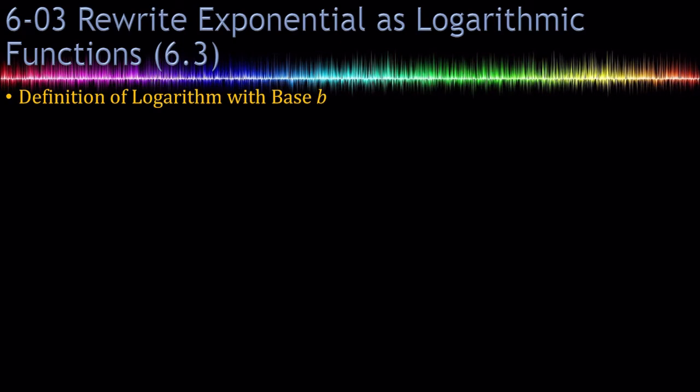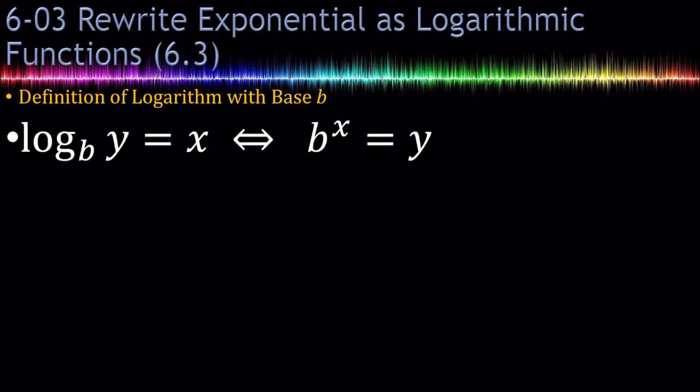All right, so logarithms are exponents. They equal exponents. But here's the more formal definition. Log base b of y equals x. The symbol in the middle means it has the same relationship as b to the x equals y. So you can see b is the base in both of these.